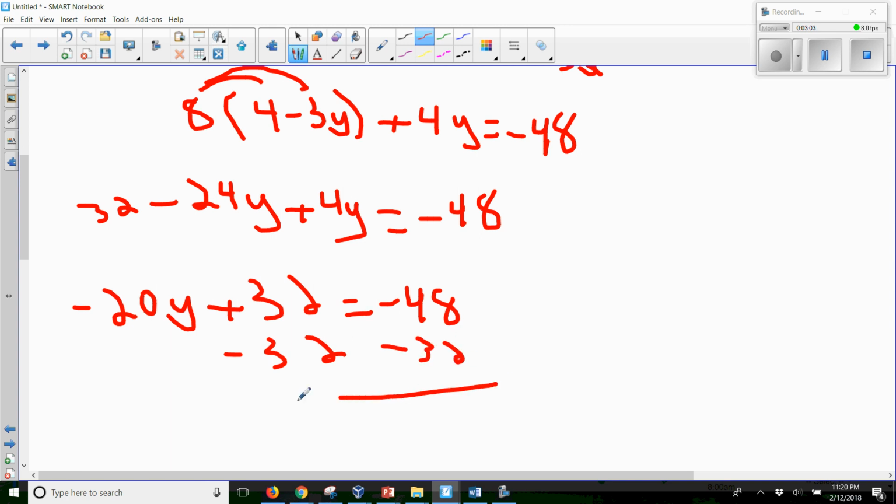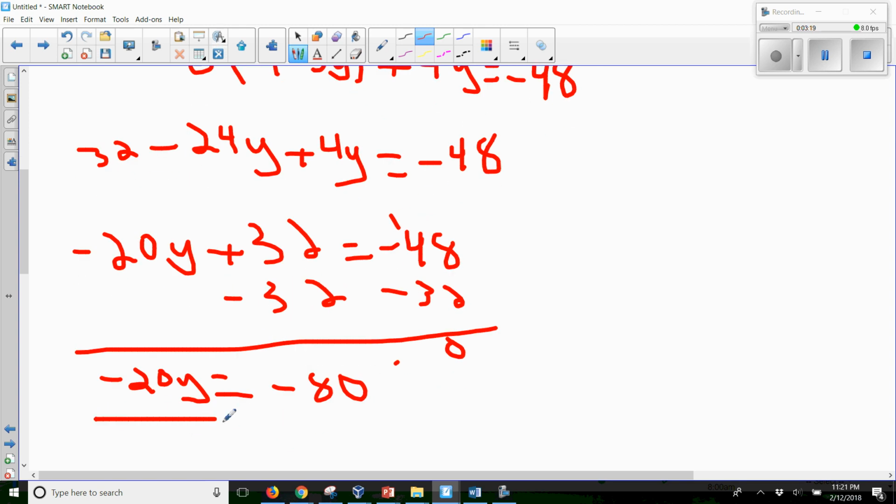So we get -20y equals -80. Divide both sides by -20, and we get y equals 4.